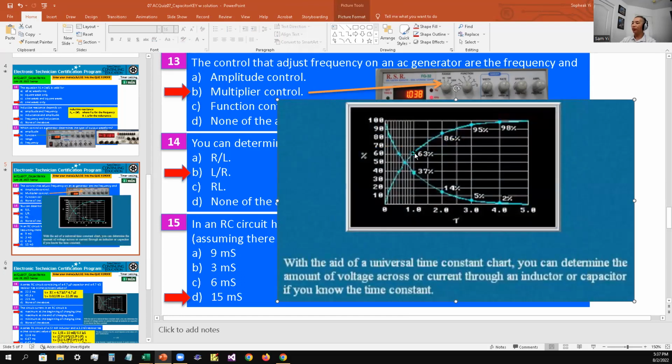Then 6 milliseconds would be here, 9 milliseconds here, 12 milliseconds here, and 15 milliseconds would be at maximum, about 99.6%. We can never reach the ideal 100%, so 99% is the best we can do. That's fully charged. Thank you.